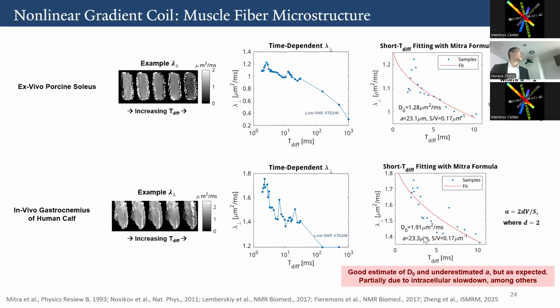But the fiber radius is slightly underestimated at 23 micrometers. A good estimate would be like 40 micrometers. But that's actually as expected because the same kind of underestimation also shows up in the RPBM fitting. It could be partially due to the intracellular slowdown. Maybe there are other reasons that we're still looking into.